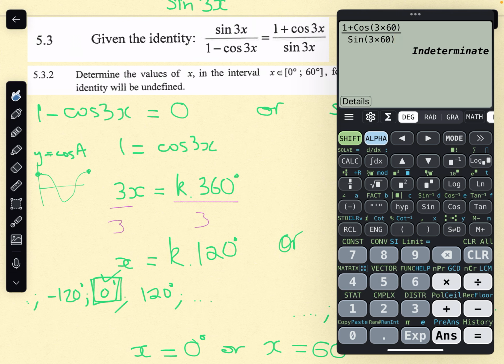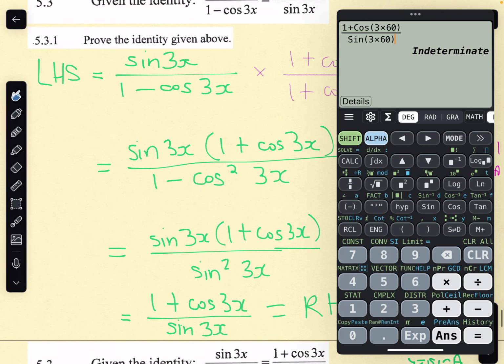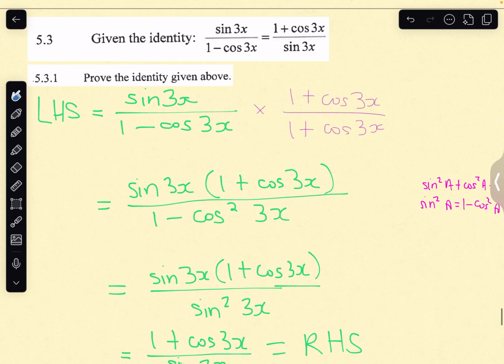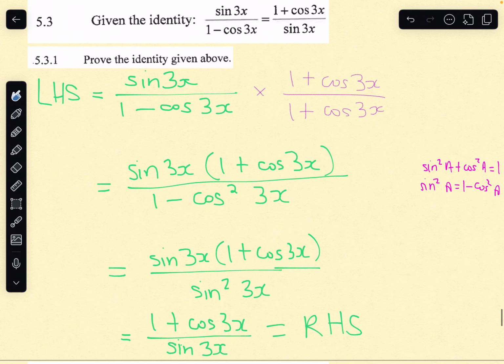Right, so for the proof, we have done the same thing. That's fantastic. Love to see it. An interesting approach that they have, which is related to what we ended up doing with our proof, is that they times by sine 3x top and bottom, in order to make this top term a square.